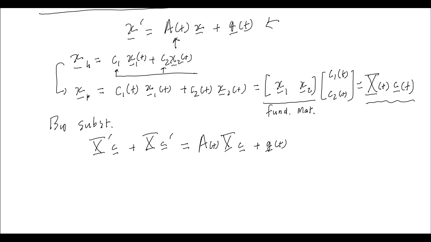In the last lecture, we found that this fundamental matrix satisfies the differential equation, X prime is equal to A X. That is one of the properties of the fundamental matrix. Because of this, we can cancel these two terms, so we end up with X c prime equal to g of t.